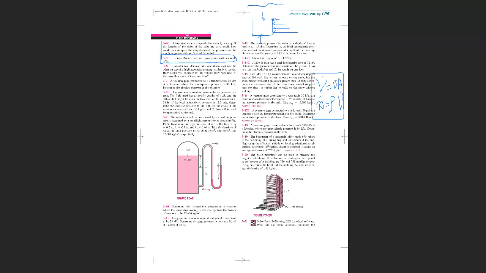Okay, are you with me guys? So he is saying one at sea level and one on a high mountain. What do you think about the volume flow rate? Will it be the same? I think yes, it will stay.